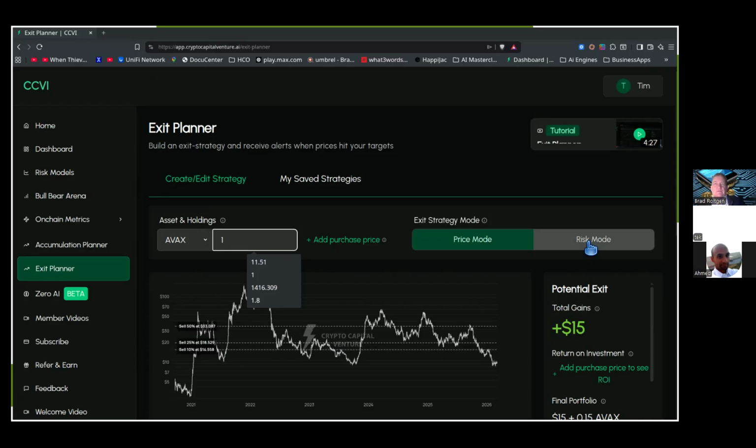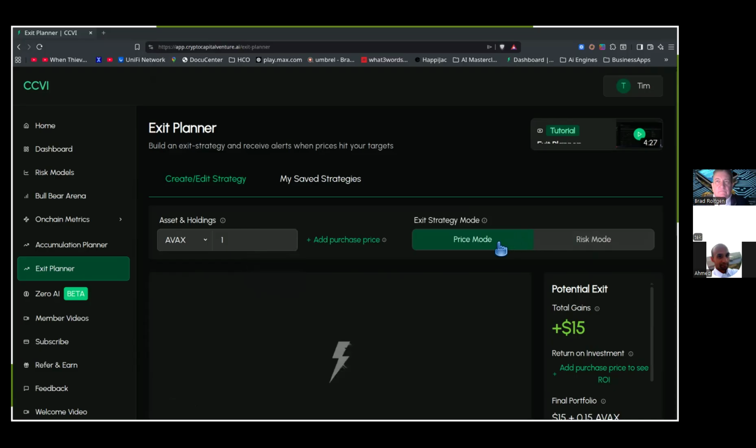Then you can make multiple levels inside of there. You want to sell some at 60, some at 70, some at 80, some at 90. And if it ever hits 100, you can liquidate everything. But you set those levels if you're going off of risk, or you set the price, but you choose one or the other.